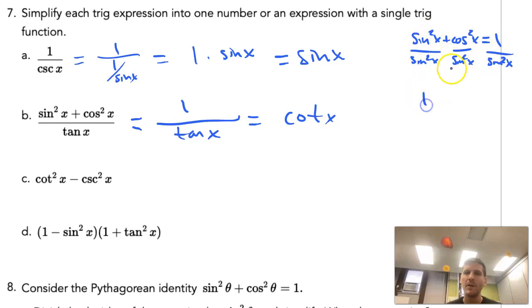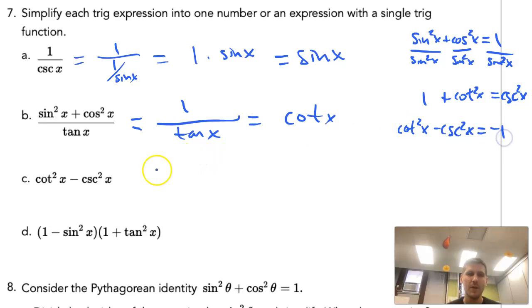This gives me 1, this gives me cotangent squared x, and this gives me cosecant squared x. So if I subtract the cosecant over and subtract the 1 over, I would just get cotangent squared x minus cosecant squared x equals -1. So that means that equals -1.